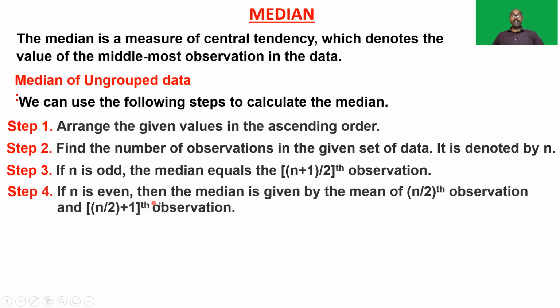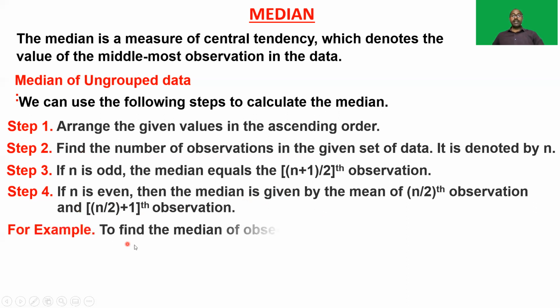And if n is even, then the median is given by the mean of n by 2th observation and n by 2 plus 1th observation. That is the mean of middle values. Mean of middle observations is the median of given data.